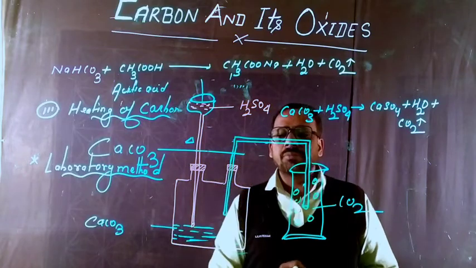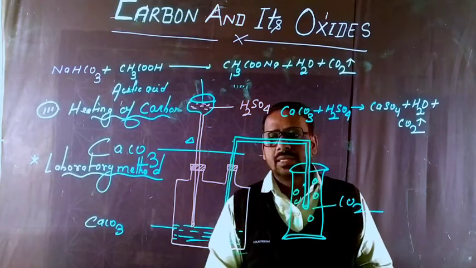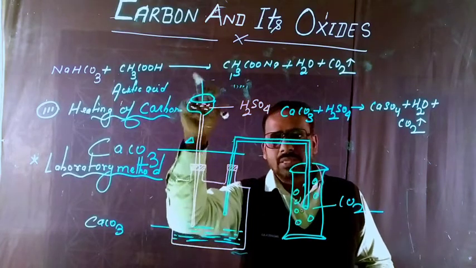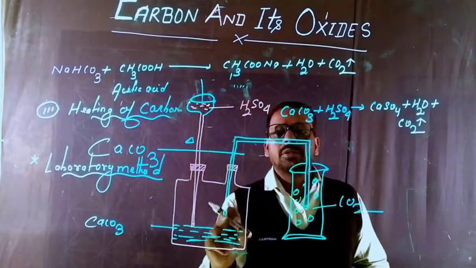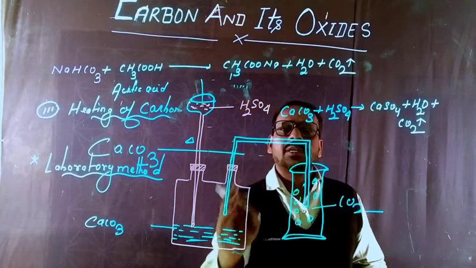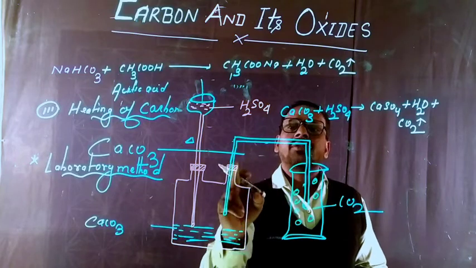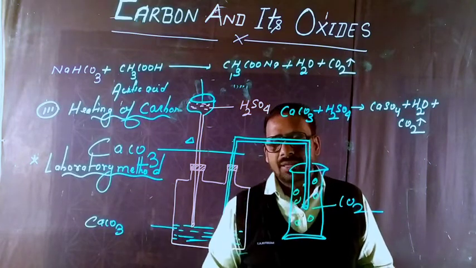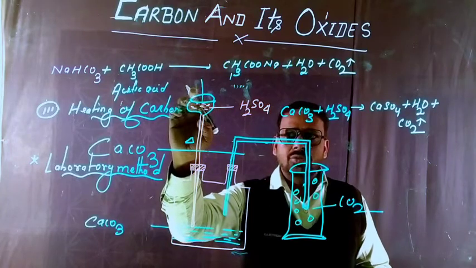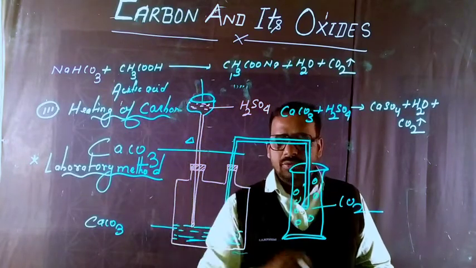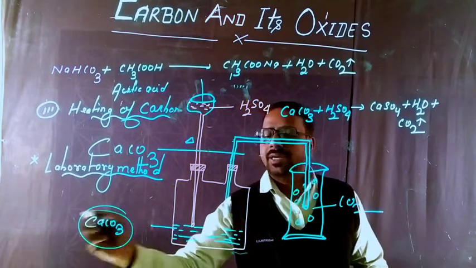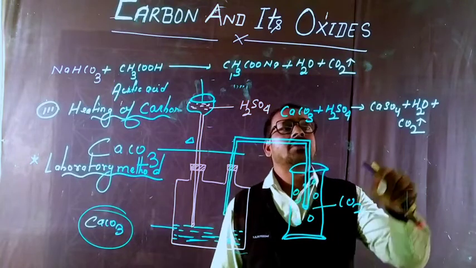So in this experiment, we'll take the wolf bottle. One mouth is fitted with the thistle funnel, and in the other mouth a bent glass tube must be inserted, and that glass tube passes from the mouth to the gas jar. And when we pour the sulfuric acid through the thistle funnel, when it goes inside the bottle, it will react with the calcium carbonate, and what forms?